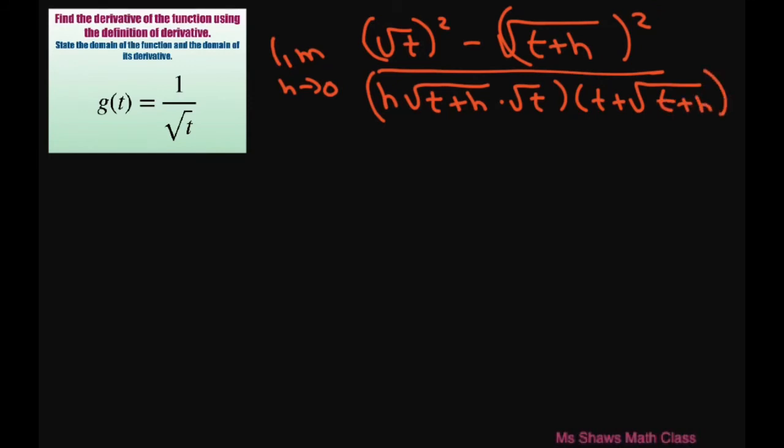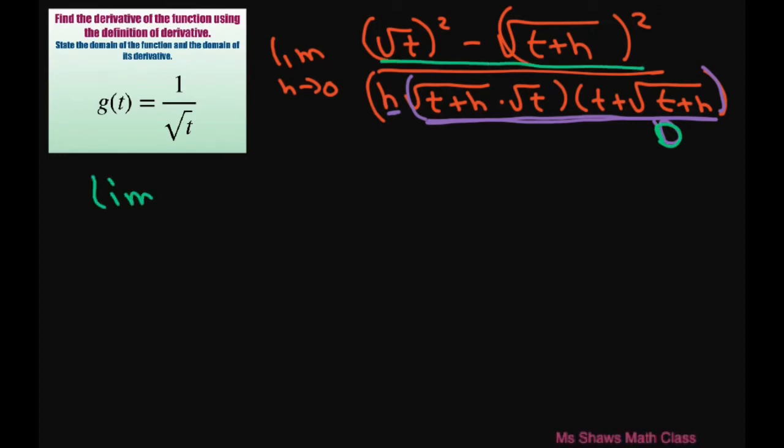From now on, except for this h part, I'm going to call this d for denominator, because if I keep having to write this down, it's going to take too long on the video. So I'm just going to call this d and first simplify my numerator.